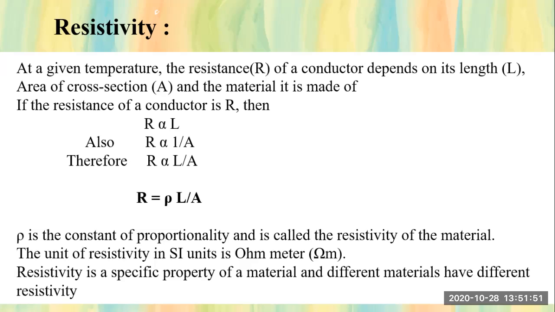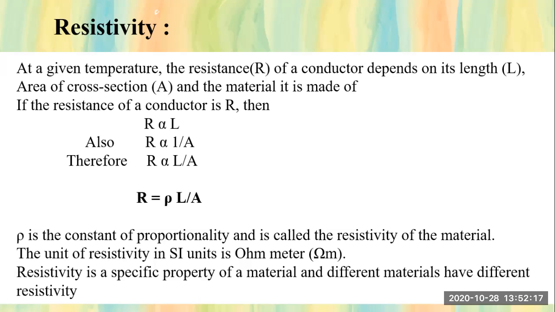Now how are these related to each other? Now see, R is directly proportional to length. Means resistance will increase if the length of the conductor increases. Understood? It is directly proportional. If the length of the conductor decreases, resistance will decrease.